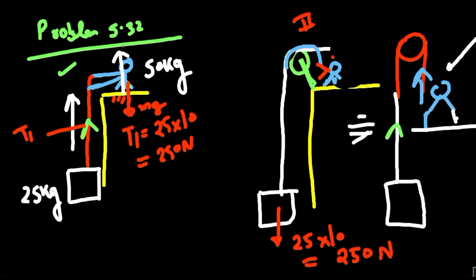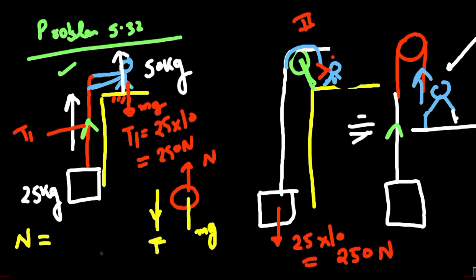Although he's pulling it, he's experiencing a tension downwards. So overall, if you see this man, there is a normal reaction coming from the ground. The earth is pulling, and the tension is also pulling him down. And the man is stationary, which means the normal reaction is being balanced by the weight of the man and the tension. Okay? So this is the case number 1.